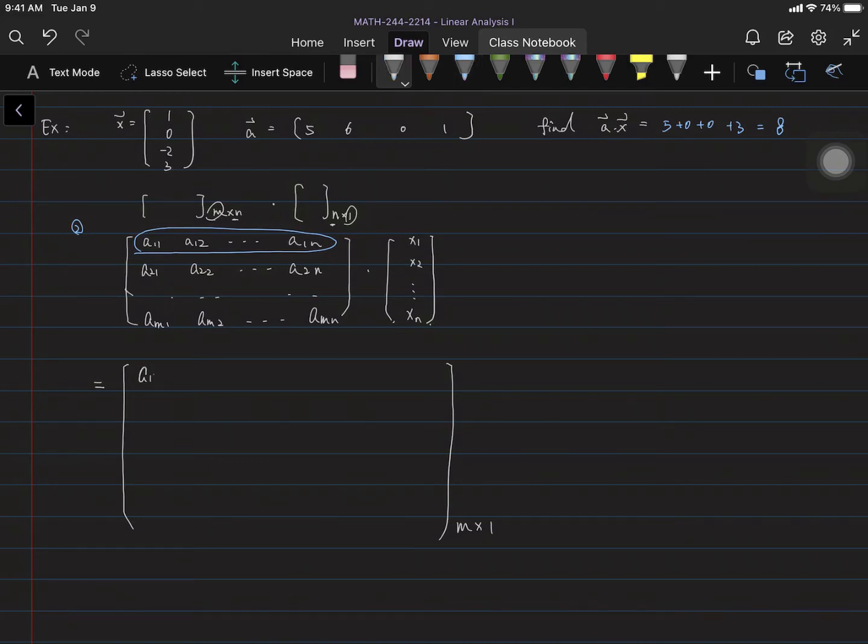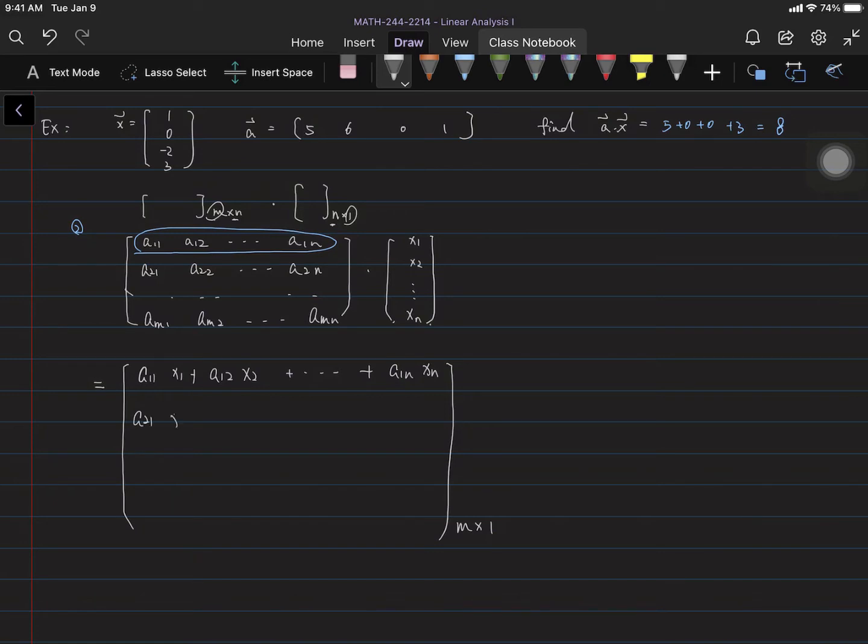So it's going to be a11 x1, a12 x2, right? And a1n xn. So this gives us a number. Is that right? It's going to be a number. So we put this in the first row. And then we use the second row multiplied by the column vector.